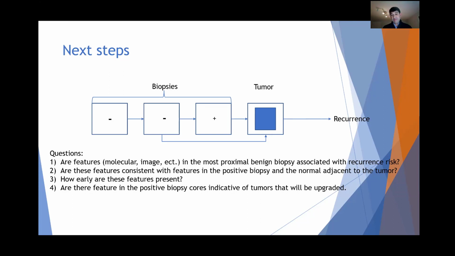So that's in the positive biopsy space, but we also think that we may be able to push this back even further into the negative biopsy space, to determine whether these deep features that we're extracting that are predictive of a more aggressive phenotype are evident before full-blown prostate cancer is evident.